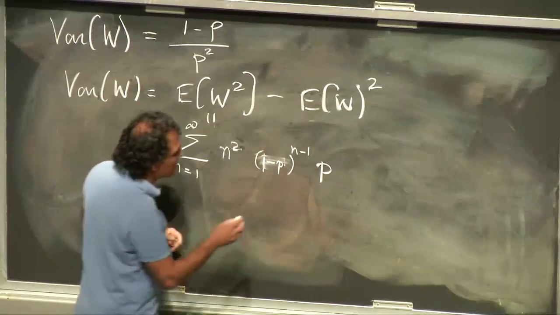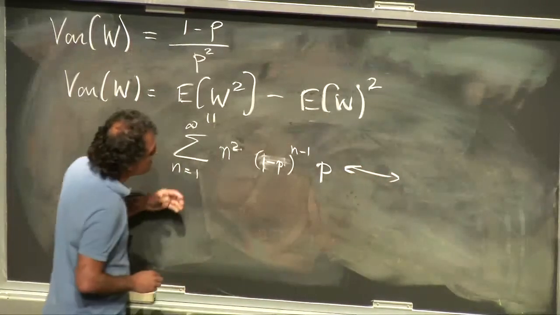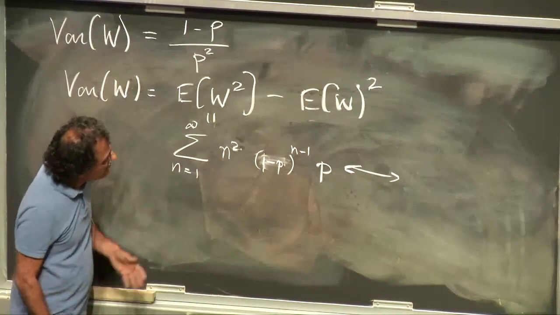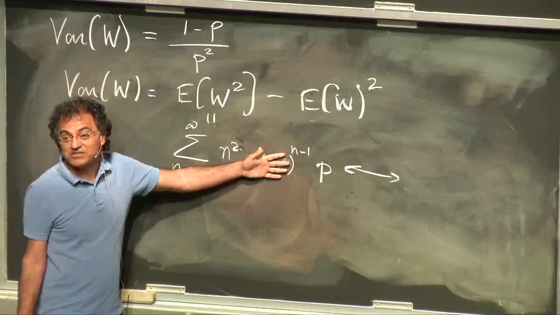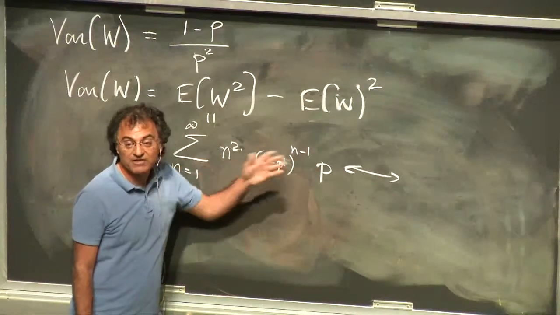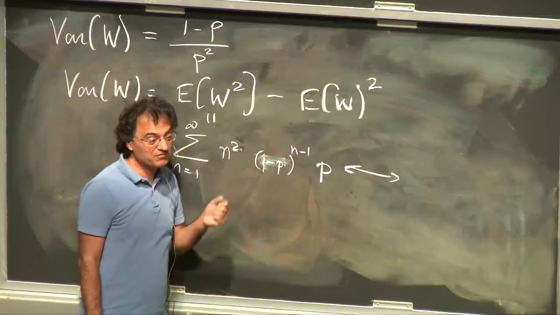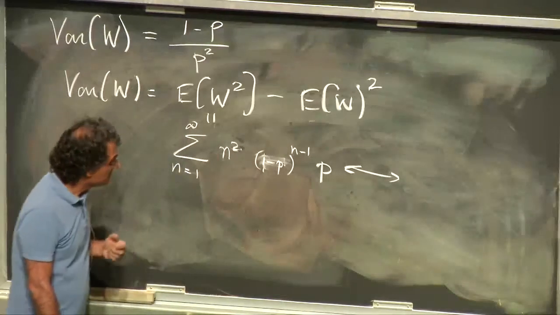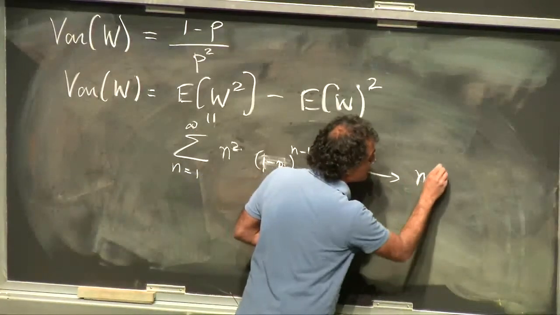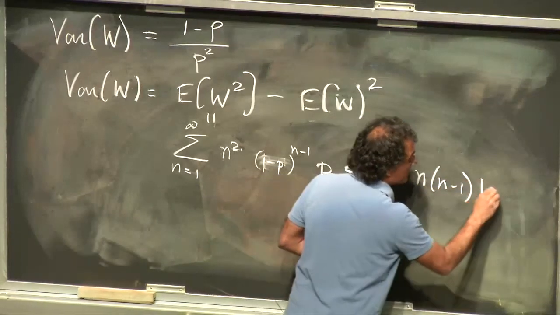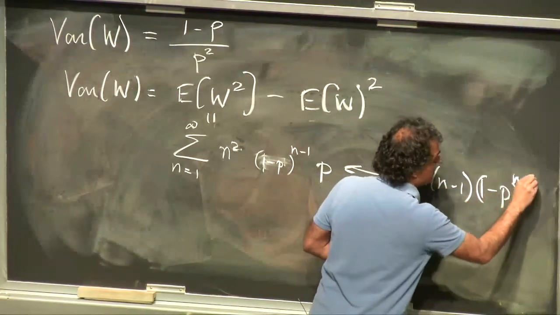All right, so the way you think about it is, if this was the second derivative, then we'd be in good shape again because we'd be summing a geometric series and doing exactly what we did before with the derivative. But if it was a second derivative, it shouldn't be n squared, it should be n times (n minus 1) times (1 minus p) to the n minus 2.